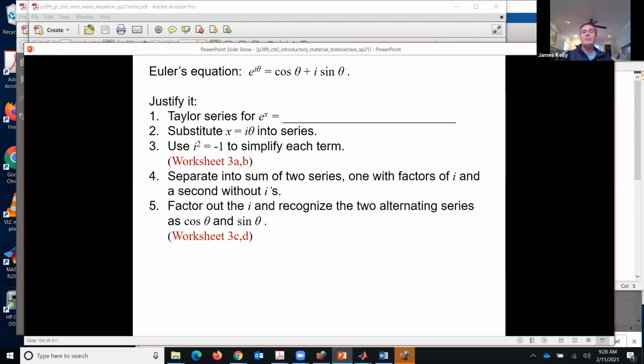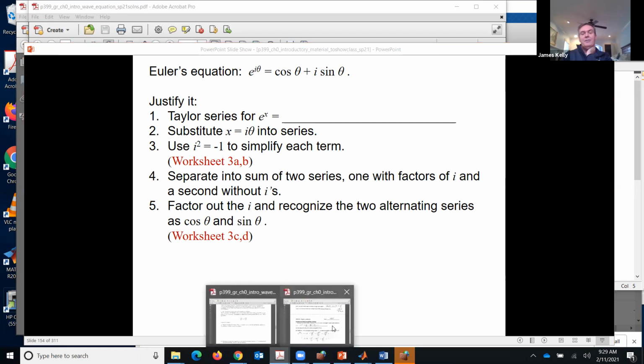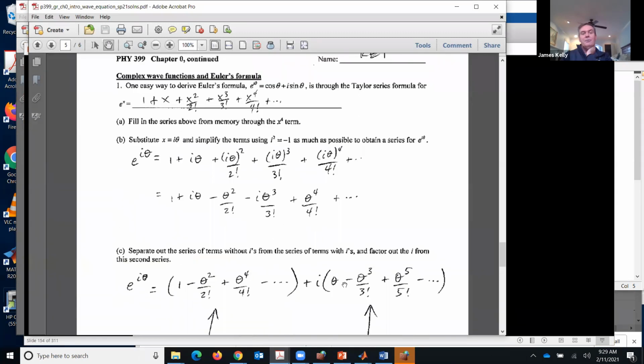We've simplified each term. Now what I'm going to do is separate this out into a sum of 2 series. You'll notice that every other term has an i in it, and every other term is real. So what we're going to do is separate out the terms with the i's from the ones without the i's in it, and we'll factor out the i there to justify this relationship. So I'm taking this series that I got right here, and I notice the first, the third, the fifth terms are all real.